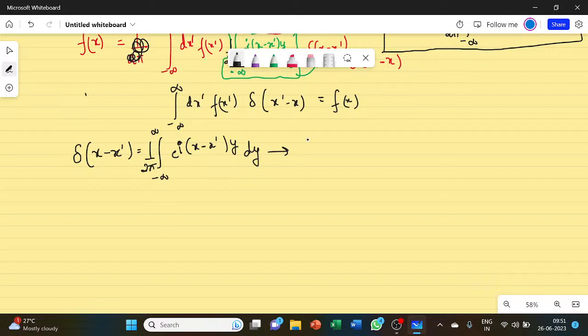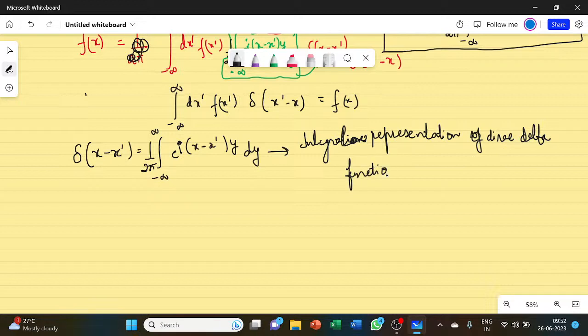Remember, this is referred to as the integral representation of the Dirac delta function. This is point number 1.